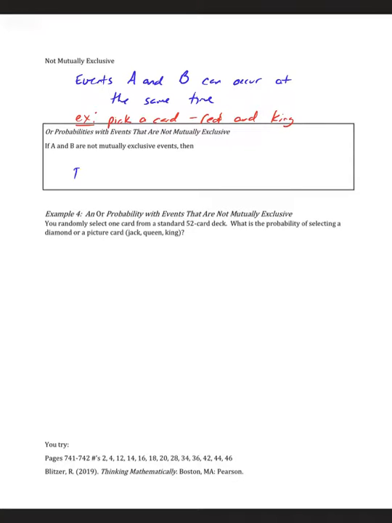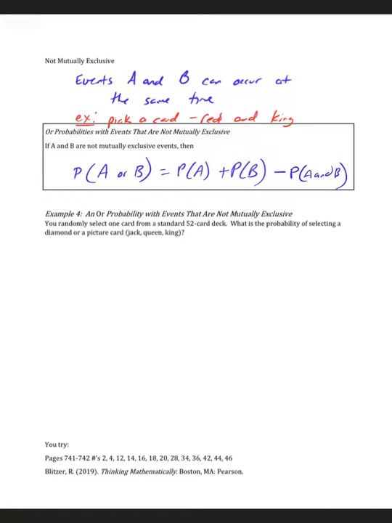So we want to find the probability of A or B, but this time they're not mutually exclusive. So we want to take the probability of A and add it to the probability of B, but now what we have to do is subtract out the probability of them both occurring. So we have to take away ones that hold both of them. For example, take away the red queen or the red kings with what I just talked about.